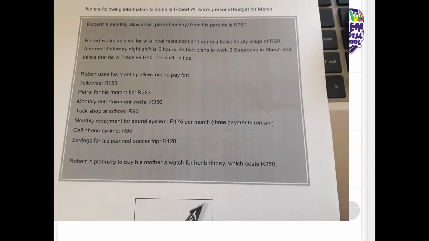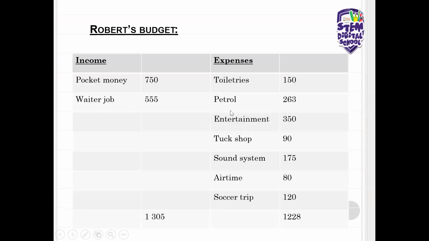So keep in mind all the details that you have here on this slideshow, what the income and the expenses are going to be. If you want to, you can mark your own budget to see how you did on this one.